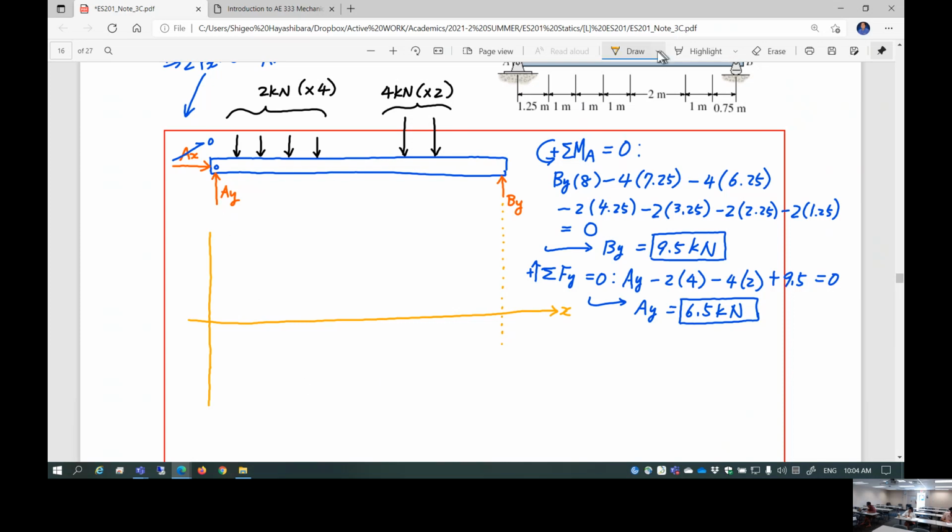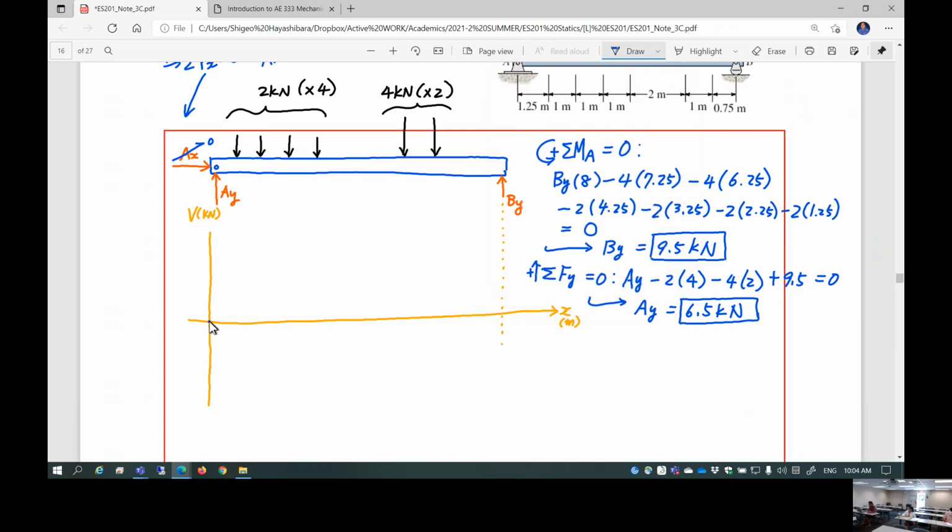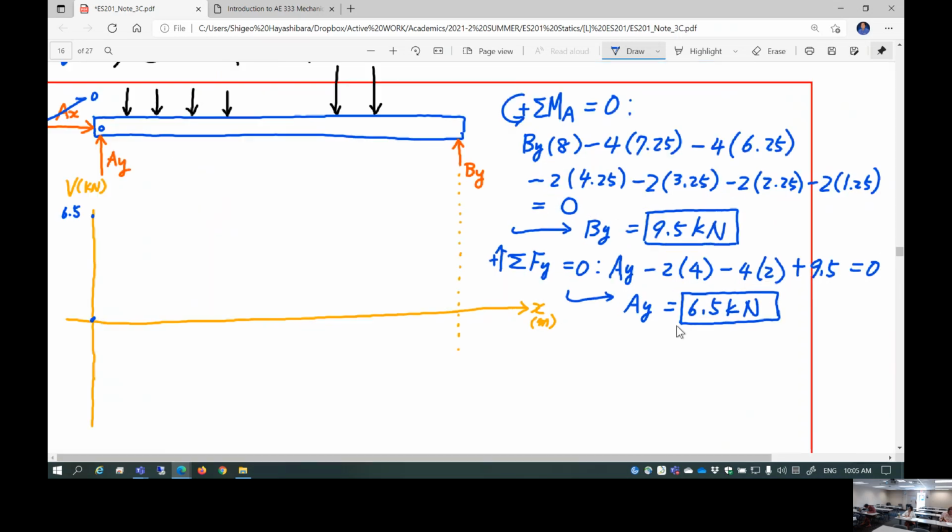This is the beginning of the beam. And then shear is given in kilonewton, X is meters. Comes with unit. Be careful about that. And shear starting from 0 as usual. Now right here you have a support reaction. Ay comes in. Ay is 6.5, so you have a certain jump up all the way to here. 6.5 jump up. Let me just zoom in a little bit.